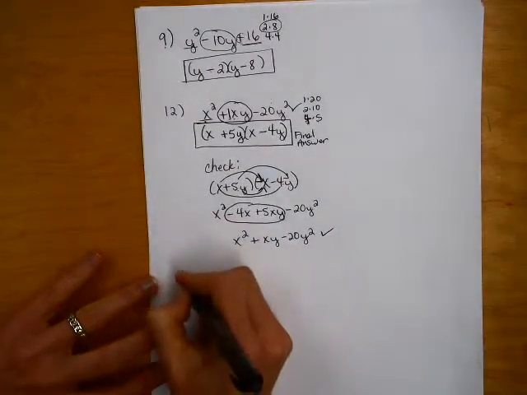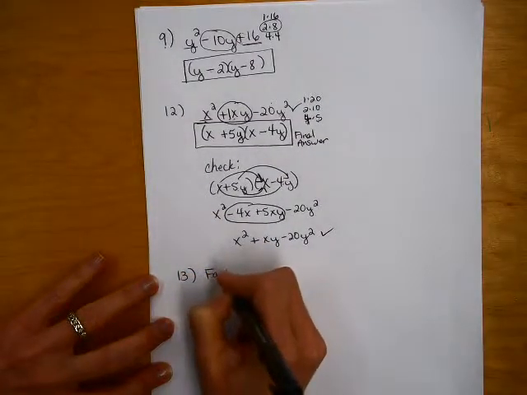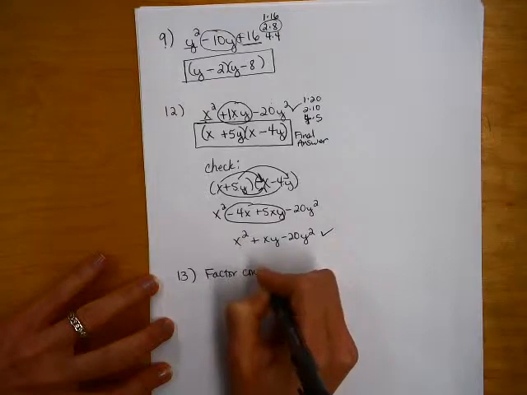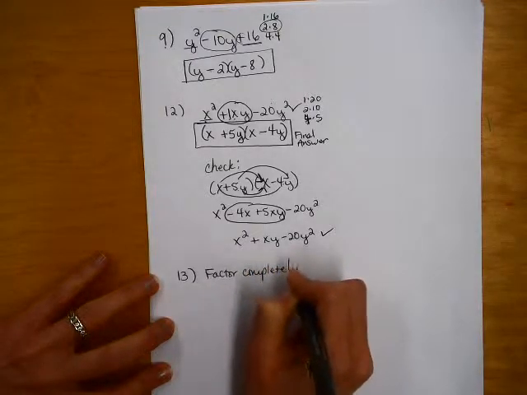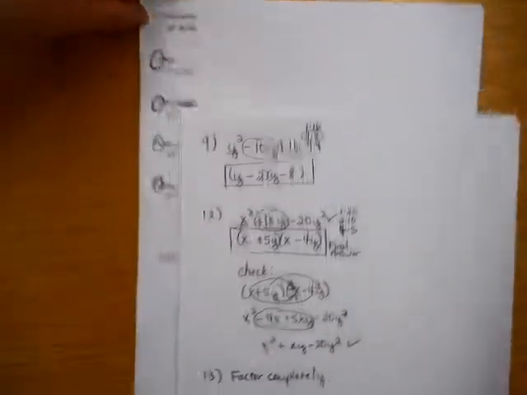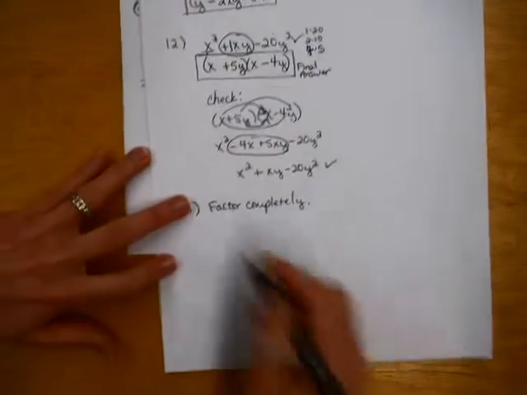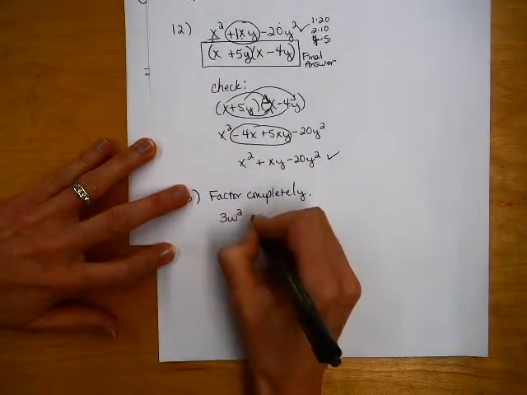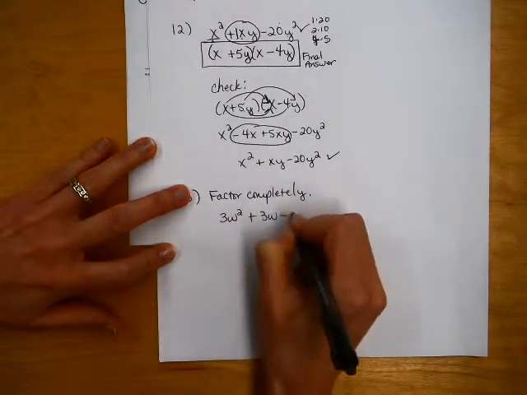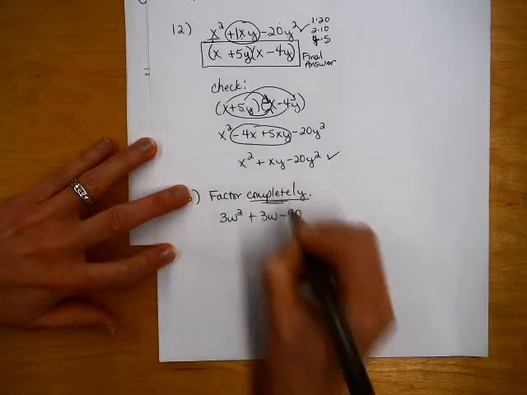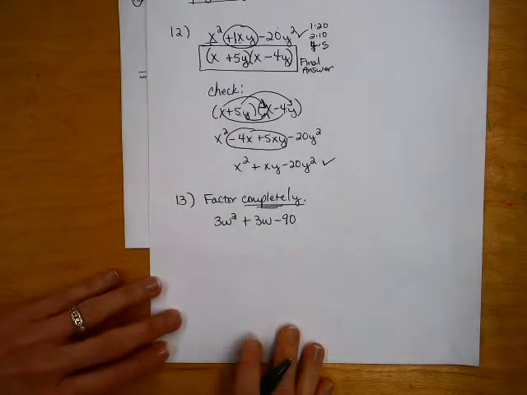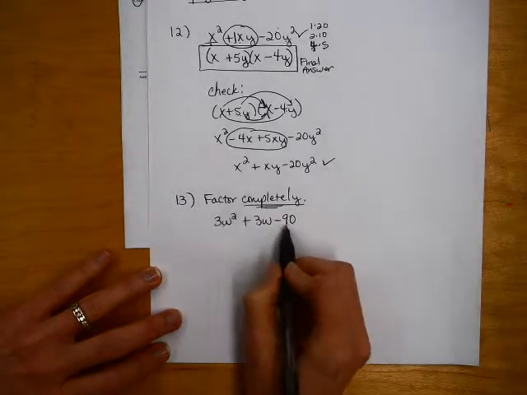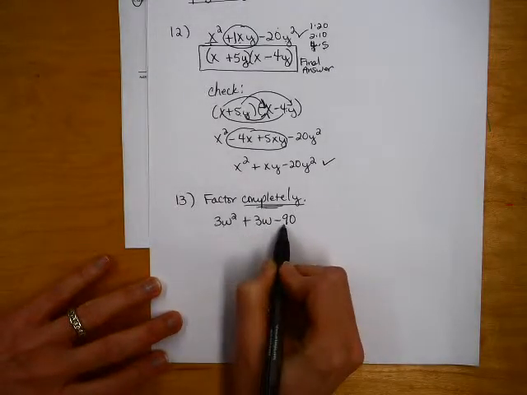So on 13, factor completely. The problem was 3w squared plus 3w minus 90. And again, that word completely should catch your attention. So I see that I can factor out a 3 out of all three of these terms.